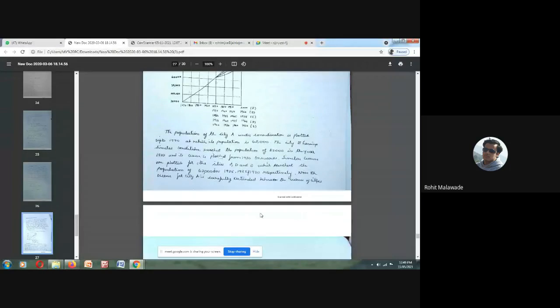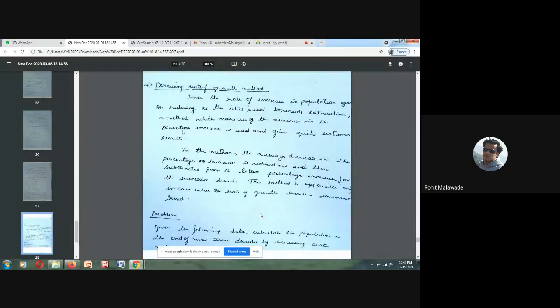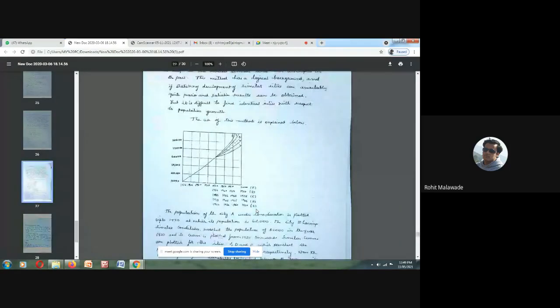In the graphical extension method, we plot the population versus the time. The dotted portion is the curve I have extended, from 1991 to 2011.